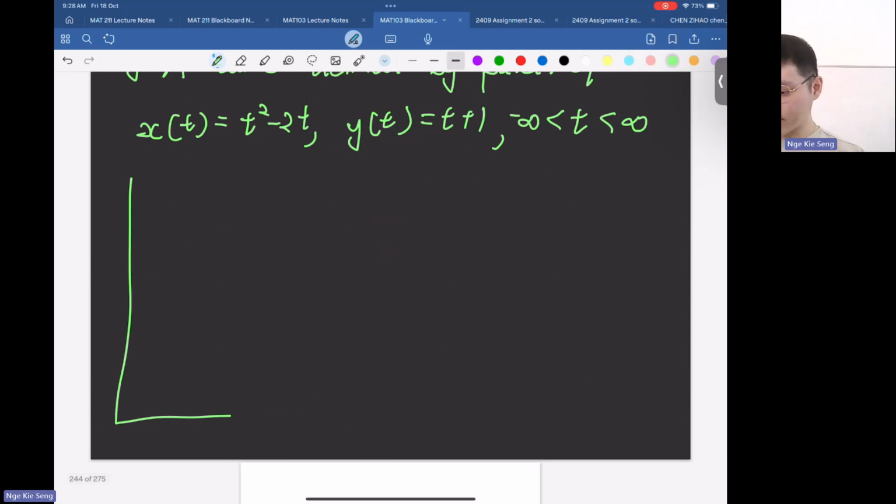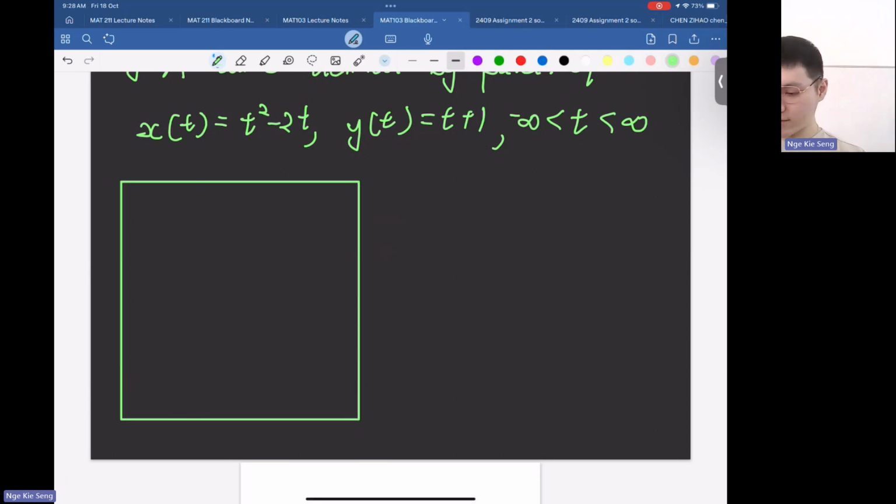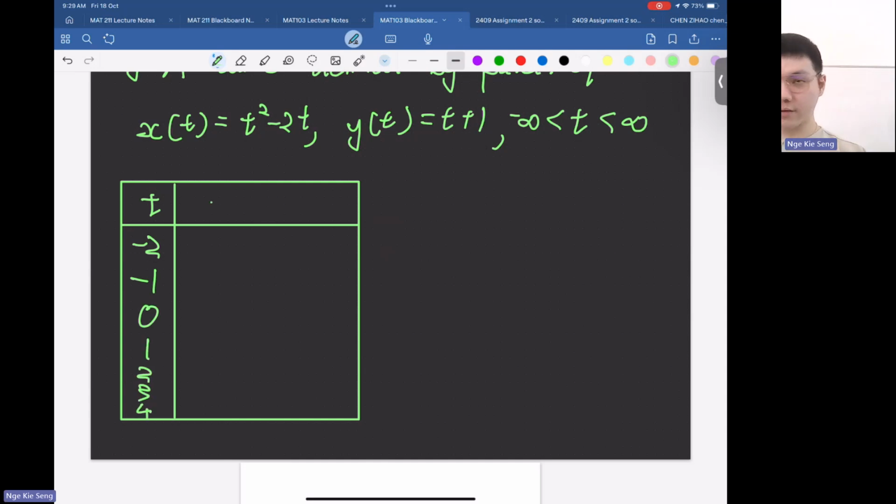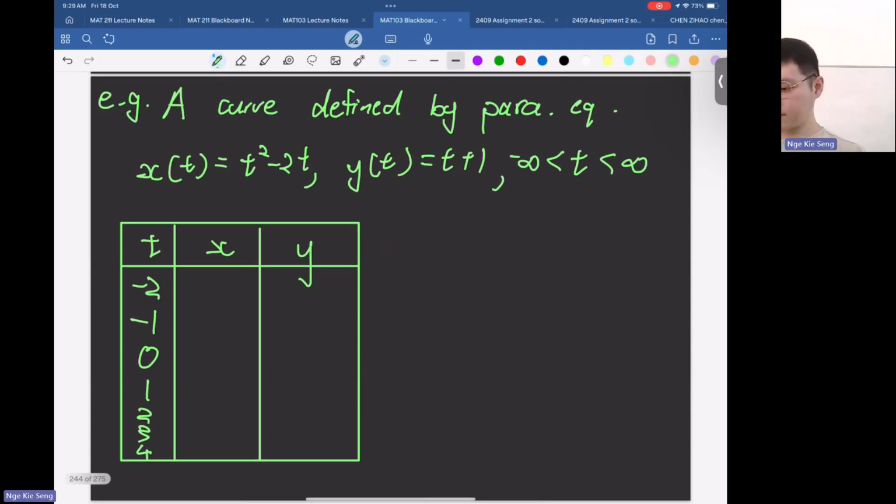So I gave you a table, try and work it out. What is x and y? Then try and graph it in 2D because we only have x, y here. Try and get these values. I give you 2 minutes. Try and get these x, y values and then plot it out. What does this curve look like?